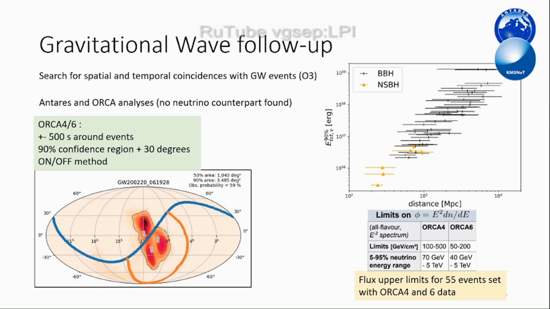You estimate your background from off regions away from the region of interest. So nothing in particular found. What we did, we set upper limits on the total neutrino energy emitted in neutrinos from these objects. So it seems to work. This was done with ORCA 4 and 6 data, so very small detectors, right?